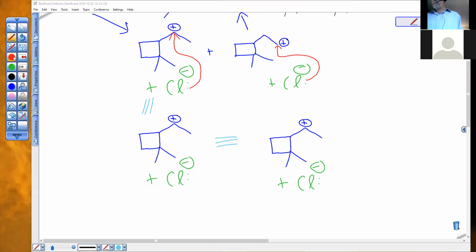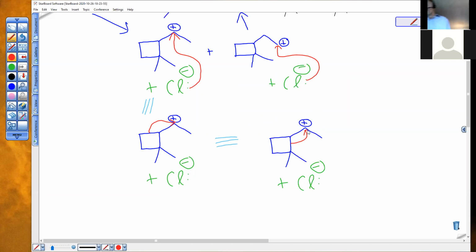Don't reinvent reality. You can either rearrange here or rearrange here. Does it follow the rules? You take a bond away from the adjacent position to the cation and move it towards the carbocation. That's the only rearrangements you're ever allowed to do.